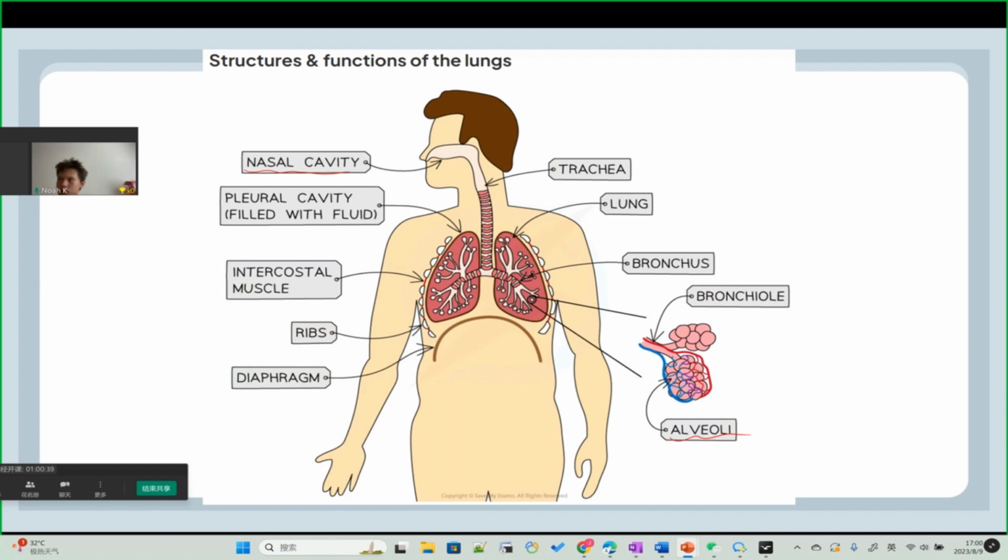And then, if you want to increase the volume of lungs, what action will our body structure take? Diaphragm flattens or contracts. That's what I really remember. Lungs expand. Something goes up and outwards. Yeah, I don't remember.